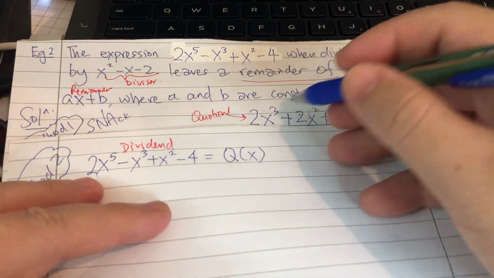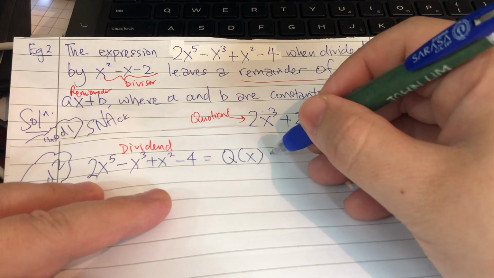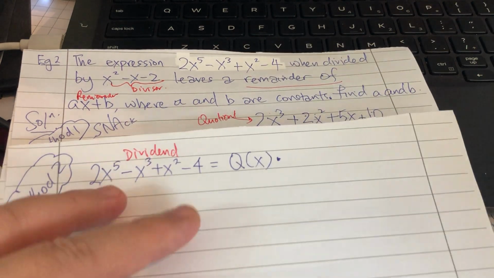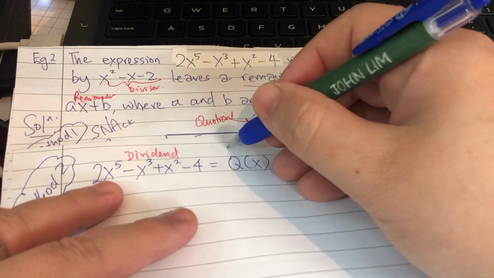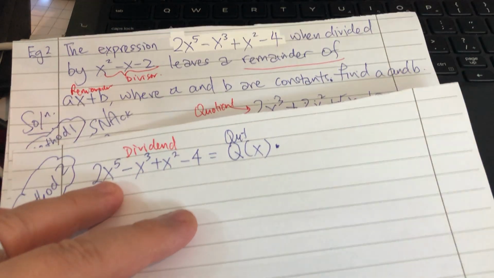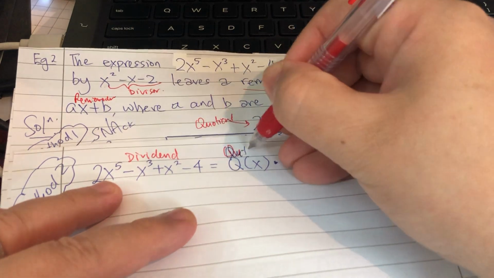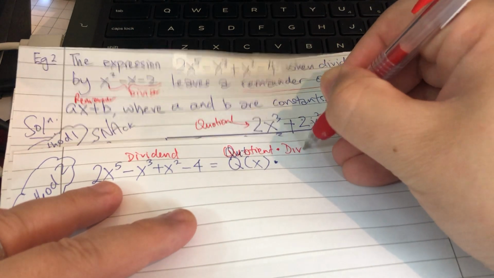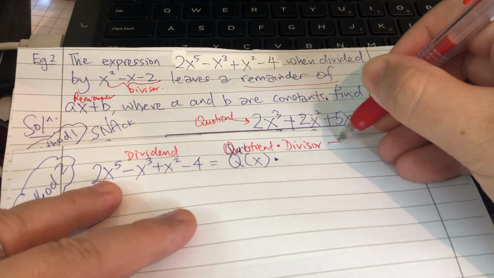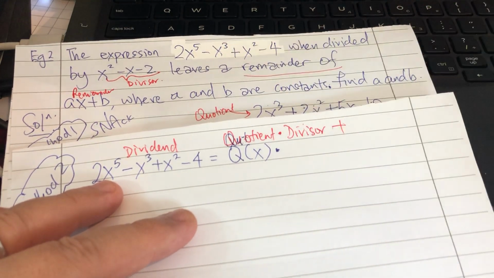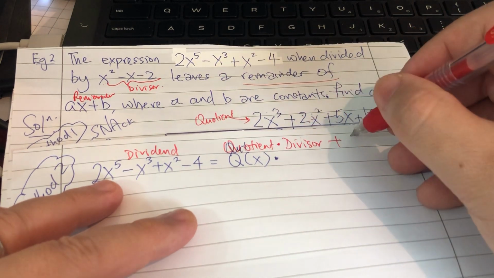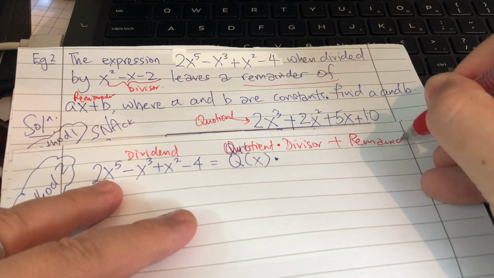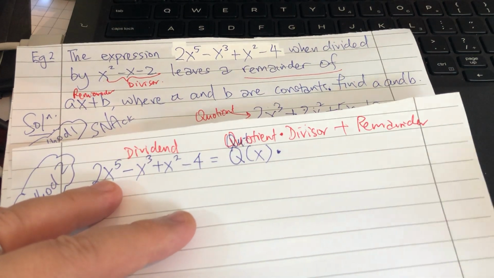So I'm going to write this. Don't you agree that dividend is equal to the quotient times the divisor, plus the remainder? If you don't understand, please refer to the previous slide.